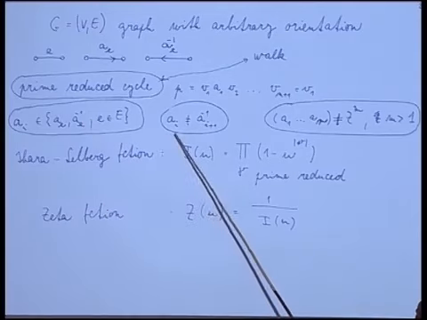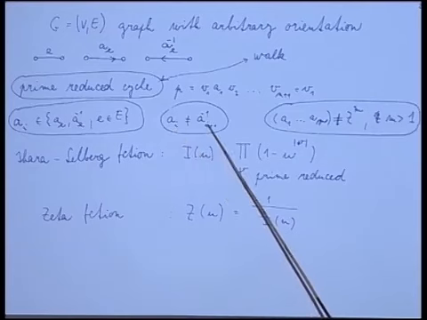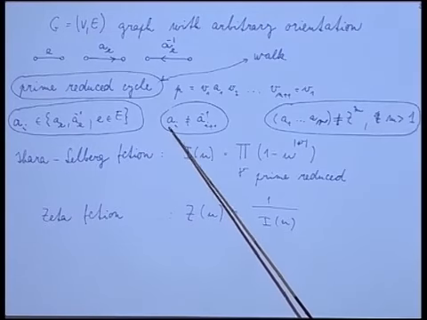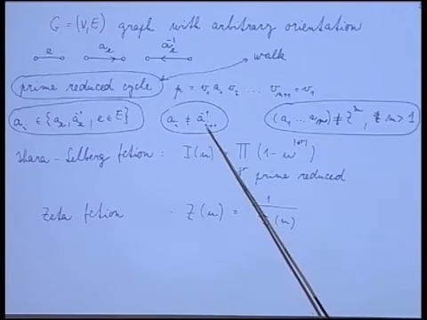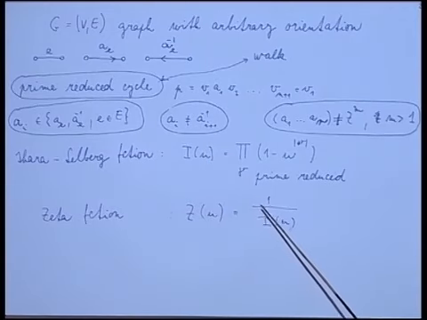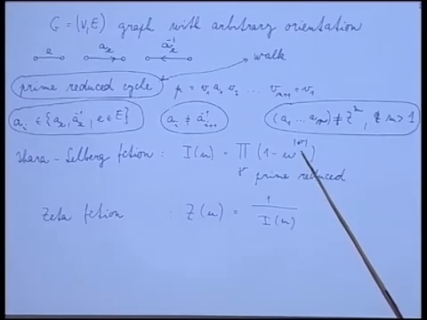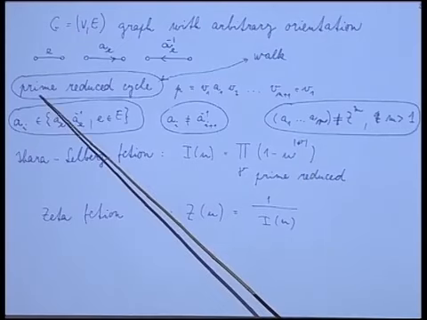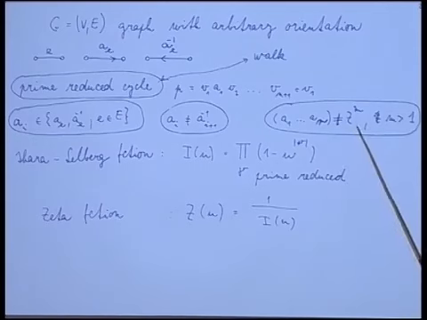It's reduced because you cannot go there and back immediately: AI is not equal to AI plus 1 inverse. And it's prime, which means that it's not a non-trivial power of a smaller cycle.